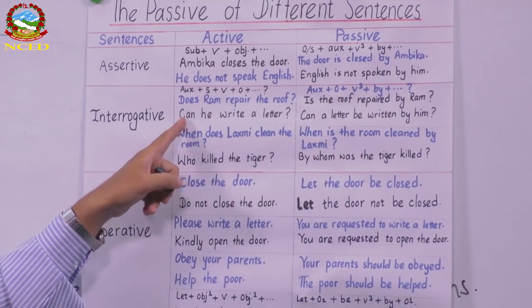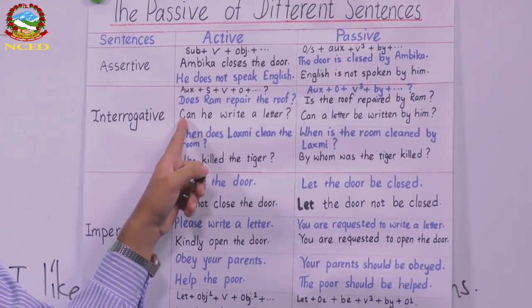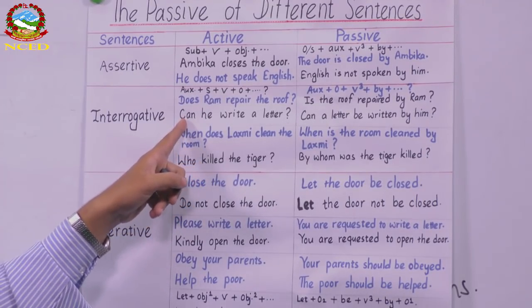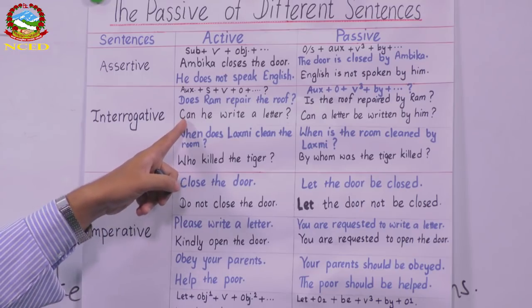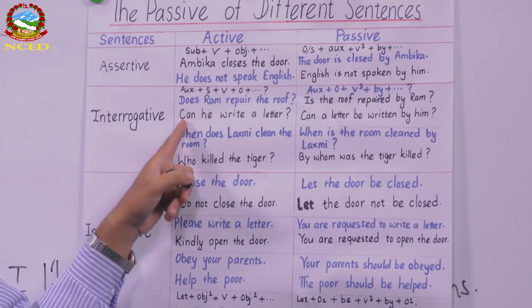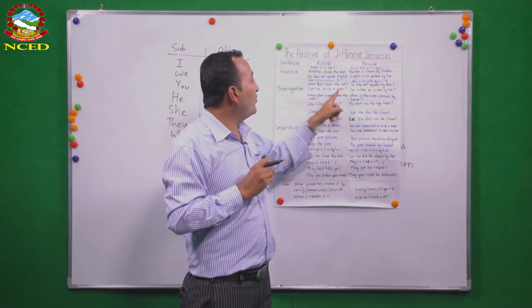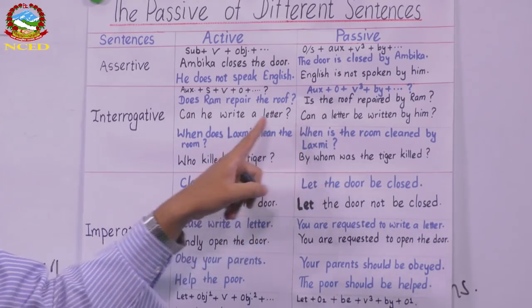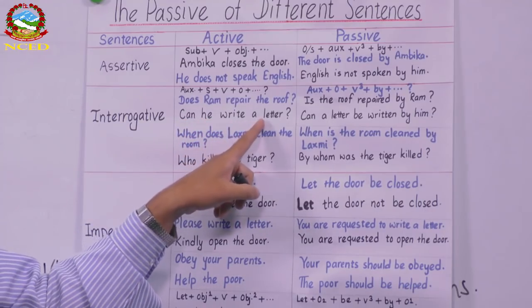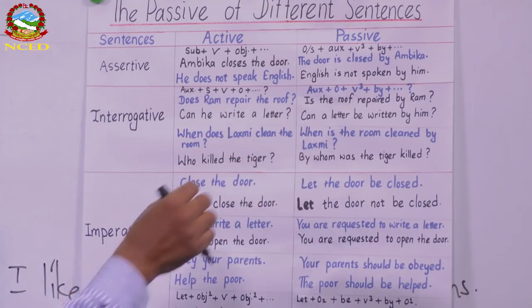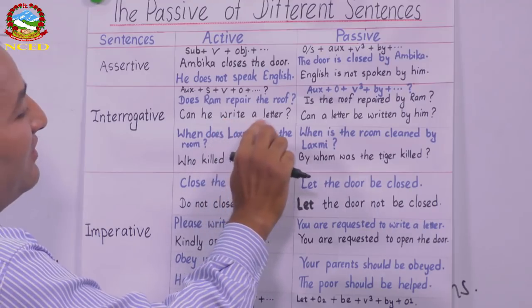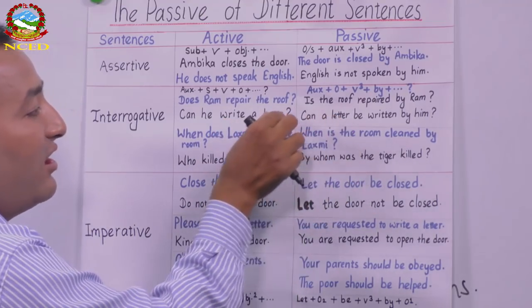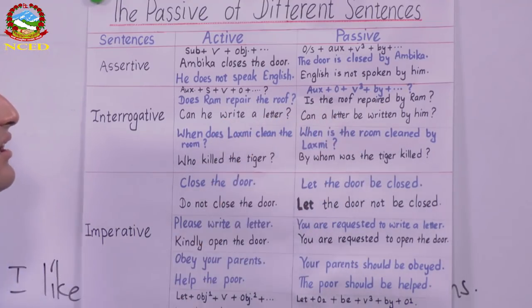Okay, second type of yes/no questions, those that begin from auxiliary verbs, generally like can, could, may, might, shall, should, is, am, are, was, were, has, have, had. If questions begin from such auxiliaries, we use the same auxiliary verb. Can he write a letter? Can, now object, what is the object? After write, a letter. Bring a letter in the beginning, means in the position of subject.